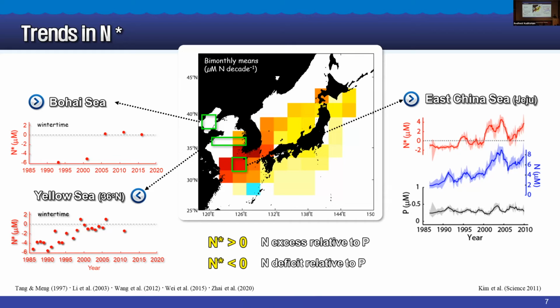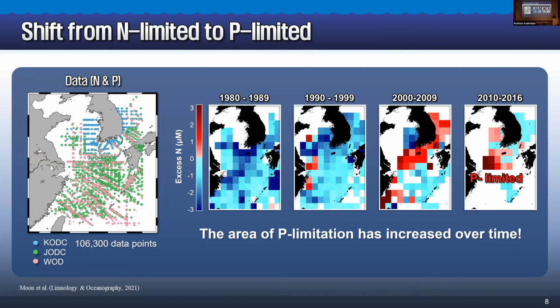So the N star trend pretty much follows the trend of the nitrate concentration. We did find a similar increasing trend in N star in the Chinese part of the Yellow Sea. The input of anthropogenic nitrate into these marginal seas has progressively transformed the region from being nitrate limited, in blue, to phosphorus limited, in red.